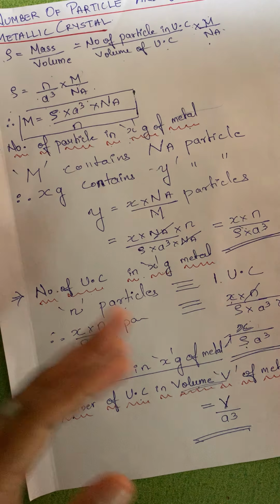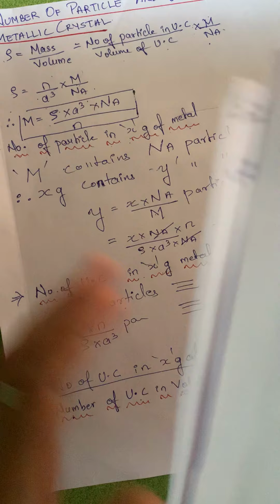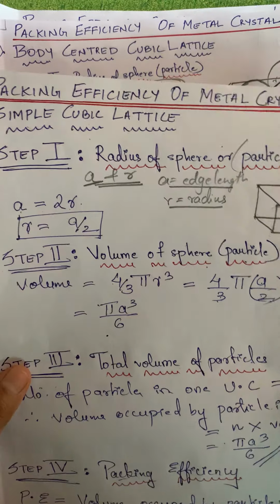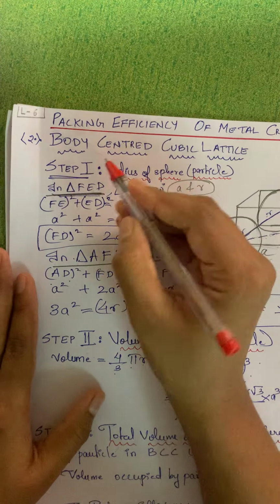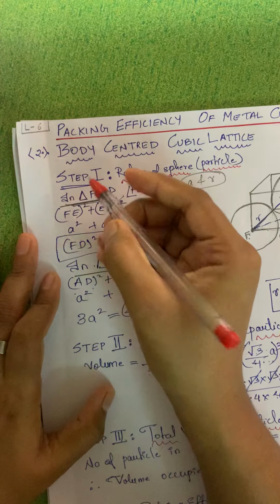Okay, so we'll just revise what all we have dealt with. Simple cube we did last time. For here there were 4 steps.